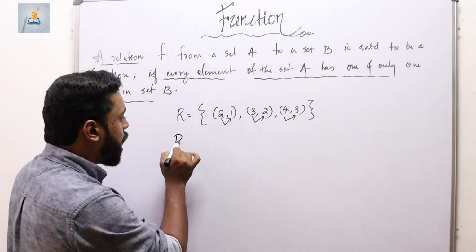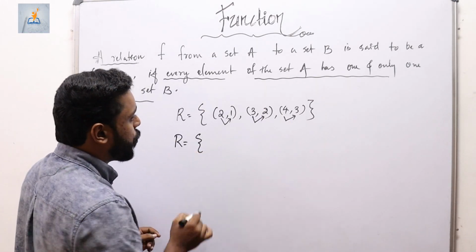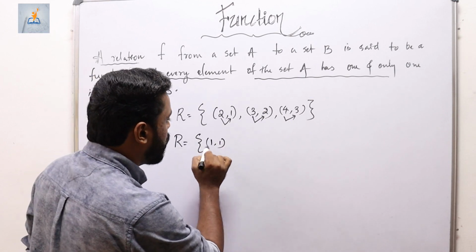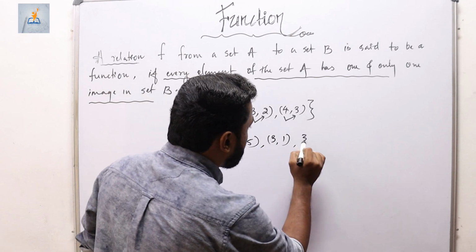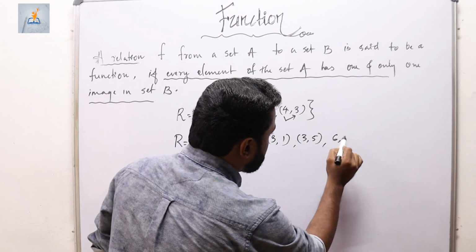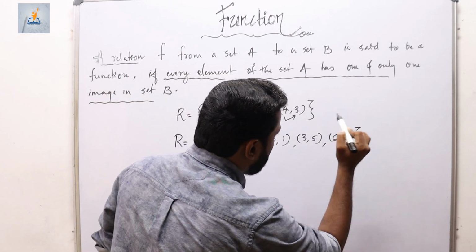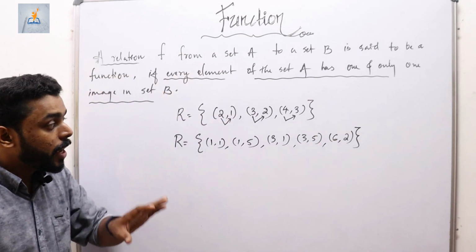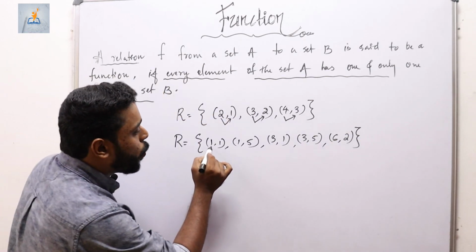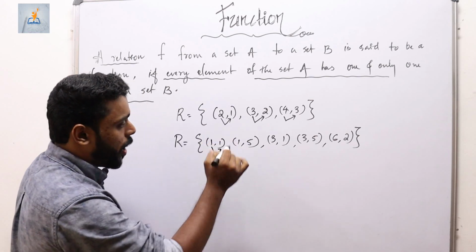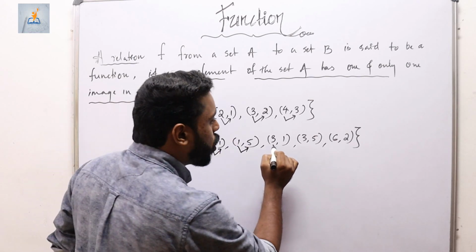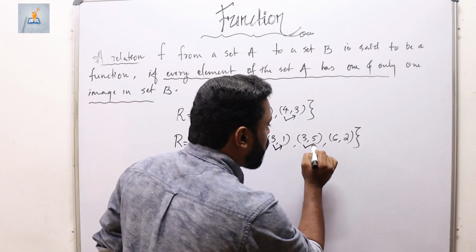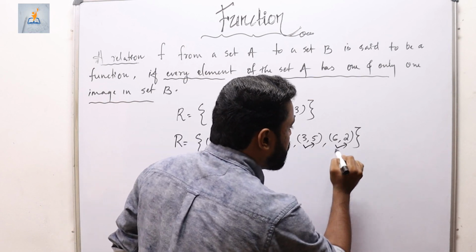Now suppose R is defined in this way: {(1,1), (1,5), (3,1), (3,5), (6,2)}. Now you can see that 1 has an image 1, again 1 has an image 5, 3 has an image 1, 3 has an image 5, 6 has an image 2.